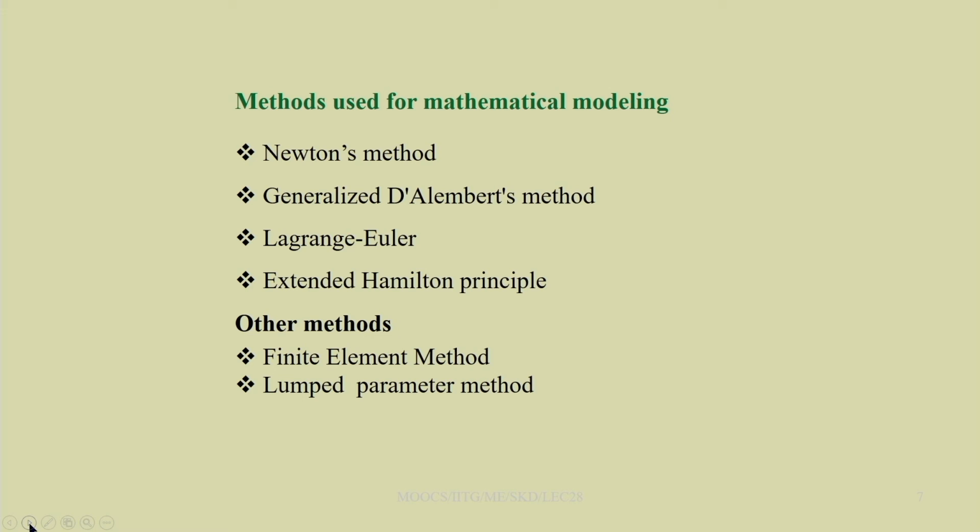All these methods can be employed to derive the equation of motion depending on the complexity of the problem, so you have to choose which method to use. Newton's method is useful for systems with fewer degrees of freedom, for continuous systems generally Hamilton's principle or extended Hamilton's principle can be used, and for multi degree of freedom systems the Lagrange principle will be used.